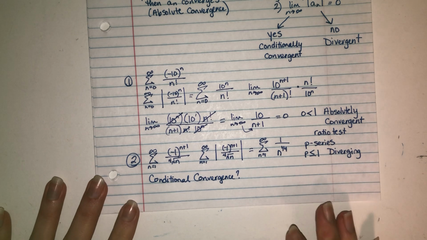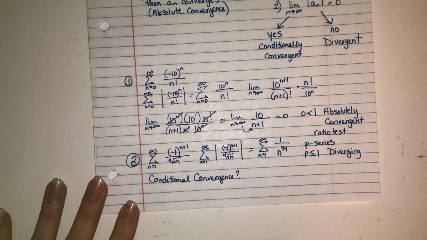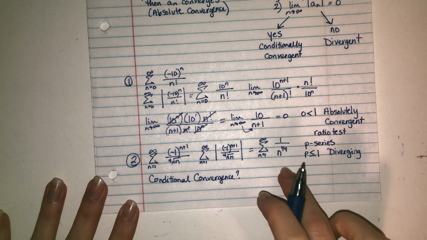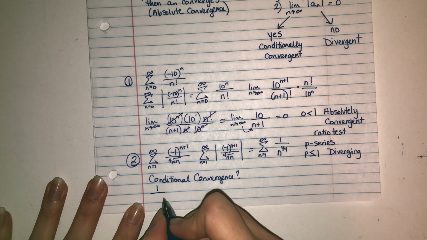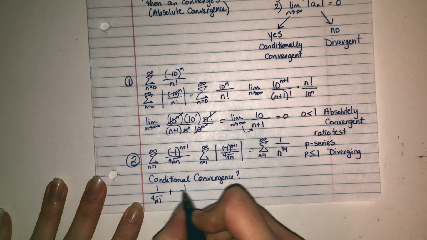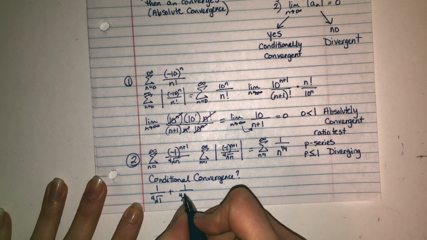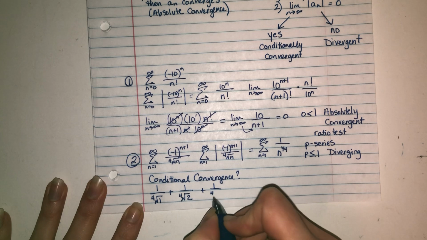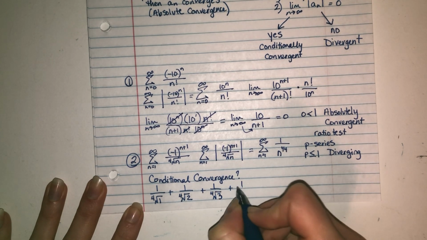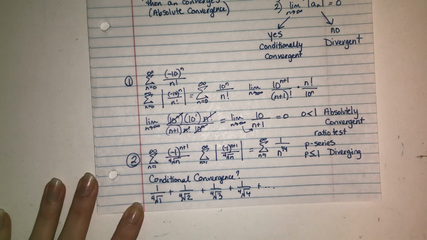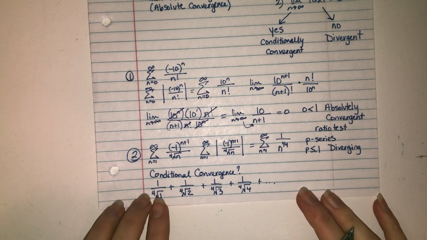So how do I check for this? Well, I need to check to make sure that the absolute value of the terms is decreasing. Okay, so the absolute value is this series right here. 1 over the 4th root of 1 plus 1 over the 4th root of 2 plus 1 over the 4th root of 3 plus 1 over the 4th root of 4 plus ... What do you notice about these?